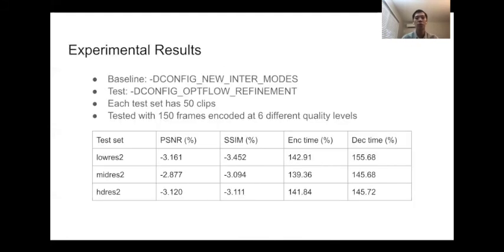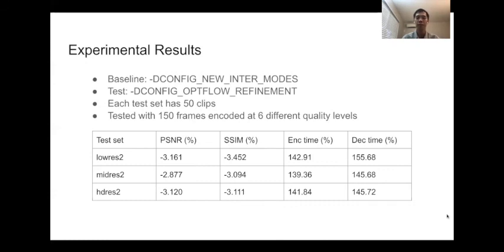Some experimental results. The baseline is new intermodes and the test config is optical flow refinement. We run the test on 3 test sets, which are called low res 2, mid res 2, and HD res 2. Each test set has 50 clips, and we encode 150 frames at 6 different quality levels for each clip.